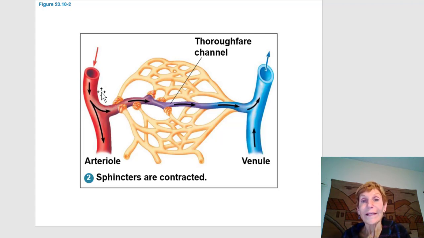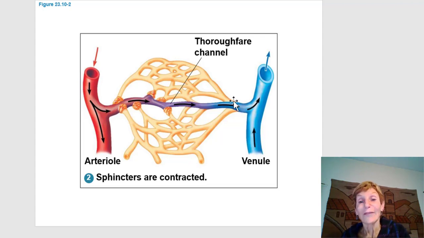So there's two ways that you can regulate how well blood flows through a certain area. One we just mentioned with the arterioles, you can slow it down or you can speed it up, or not let very much blood go through if you vasoconstrict, or let a lot of blood go through if you vasodilate.